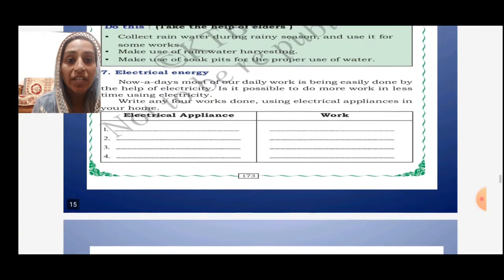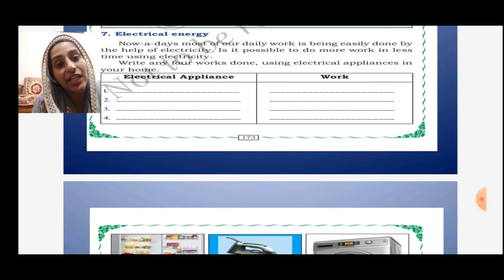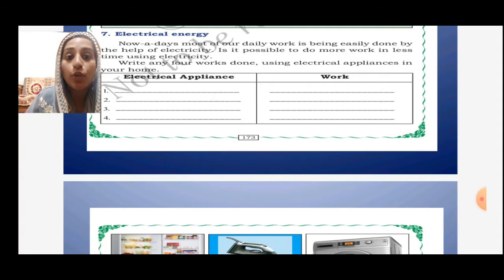Let's go with another energy, that is electrical energy. The name itself tells it: all the electronic things you use produce one kind of energy, and that energy is electrical energy. The electronic things you use are your refrigerator, your iron, your geyser, your washing machine.